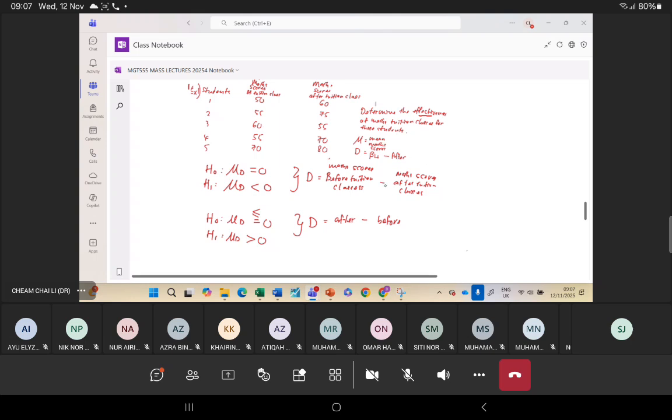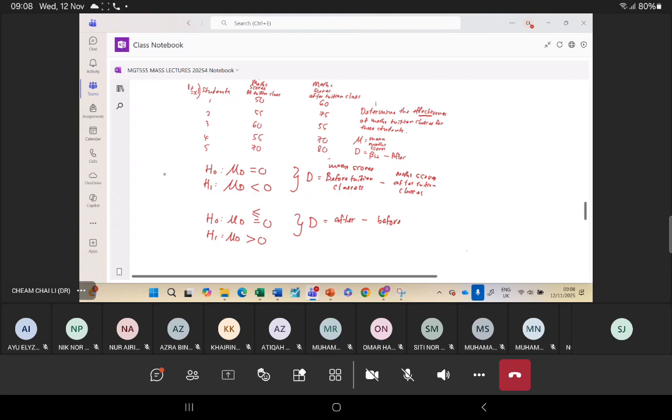Make sense or not? So if I define it this way, I need to write my alternative hypothesis as mu D is less than 0.